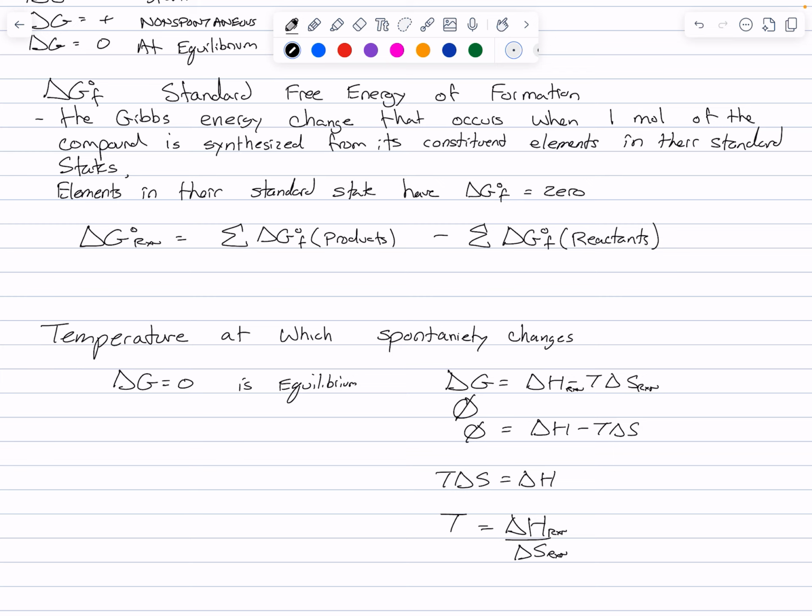Okay. And so this is a temperature. It goes from either spontaneous to non-spontaneous or non-spontaneous to spontaneous. So it's either way, right?